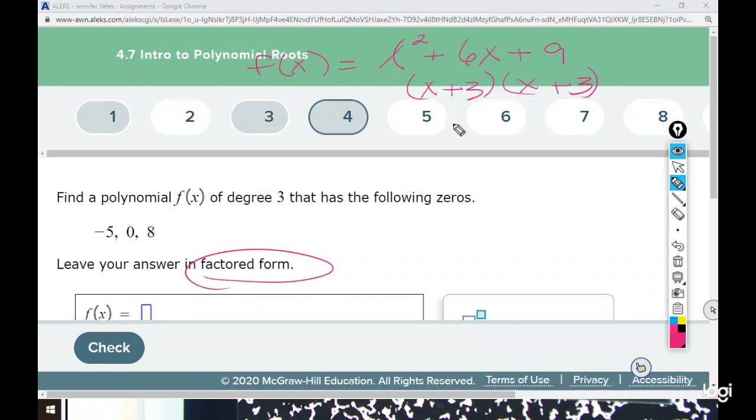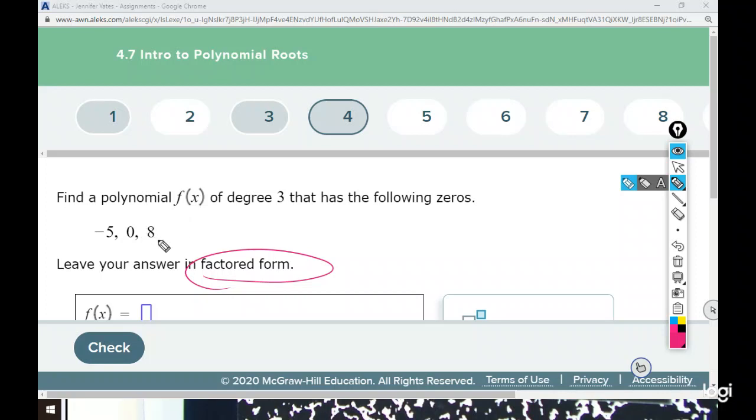So what are my zeros of this function? -3 repeated, right? So we're familiar with this. You look at this and you tell me a 0 is -3. So using that information, we want to come up with a polynomial that has the 3 listed zeros.